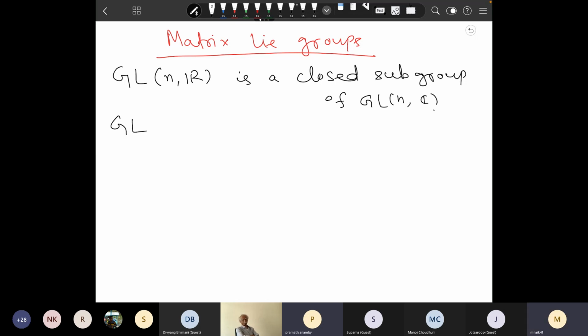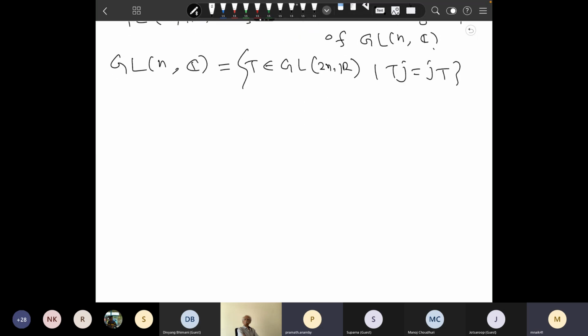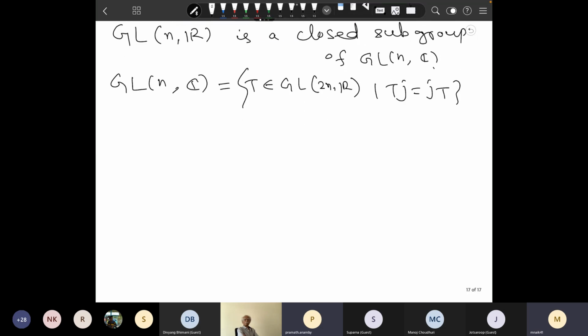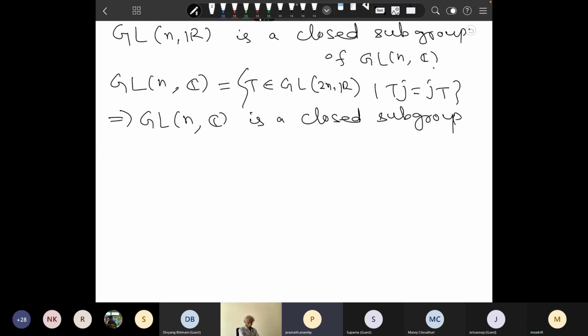Now we have seen that GL_n(C) is nothing but the set of T belonging to GL_2n(R) such that TJ is equal to JT. So that implies GL_n(C) is a closed subgroup of GL_2n(R).